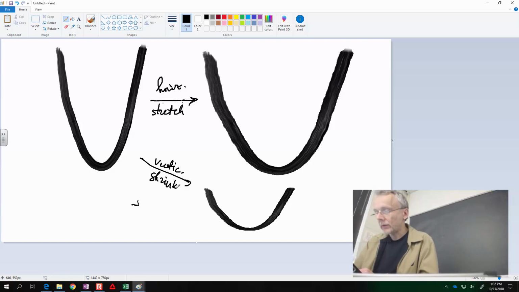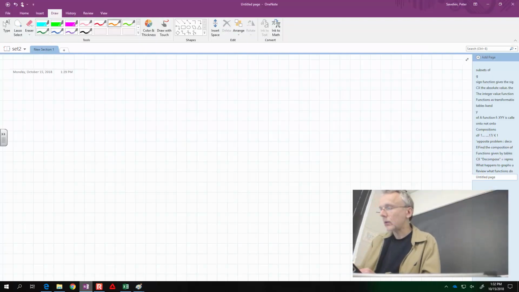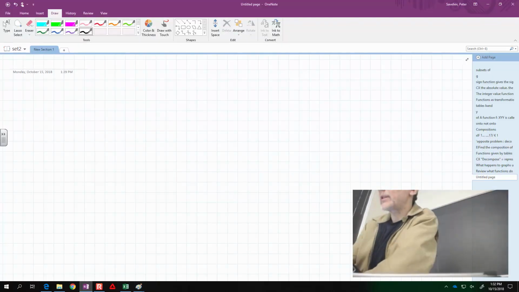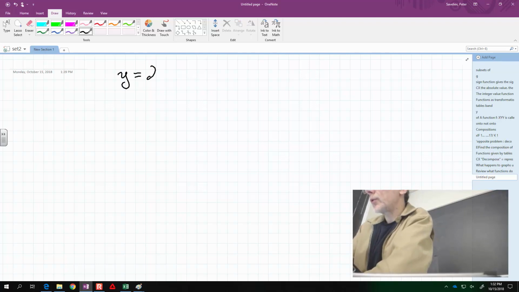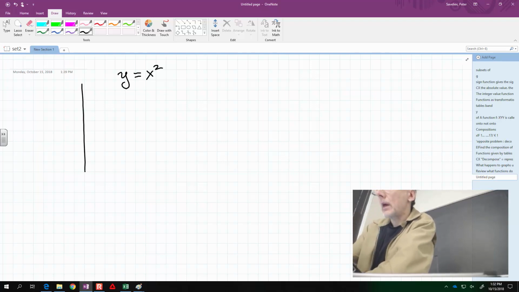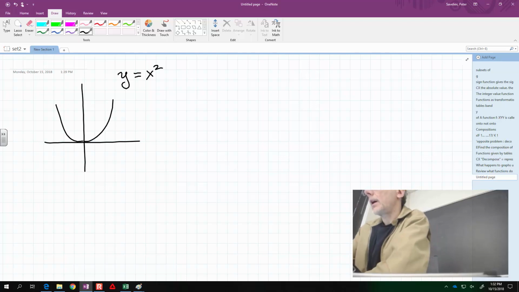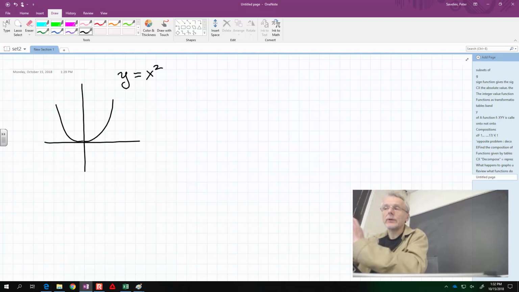To show algebraically that it can work out, here's an example: y equals x squared, which is our original parabola, and then I will look at two other parabolas. Do I substitute before or after? Remember, that's the difference between vertical and horizontal.